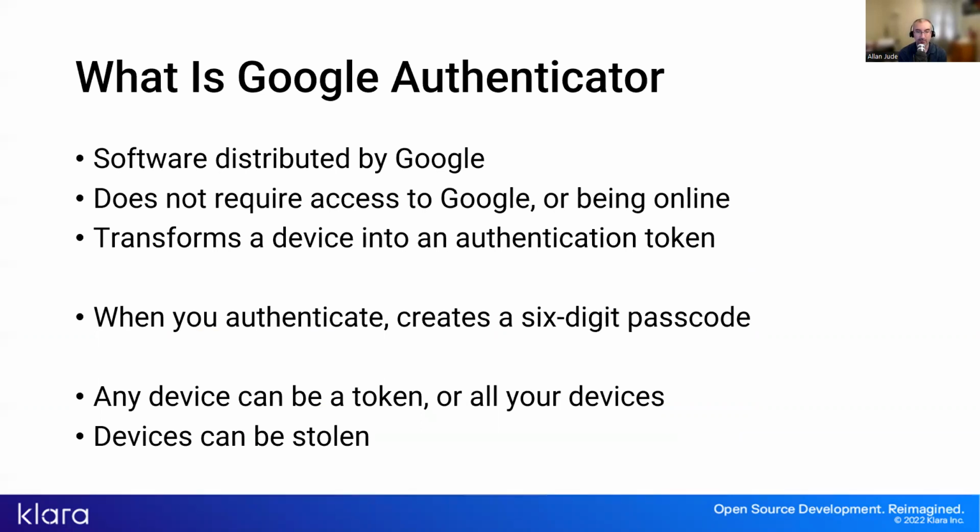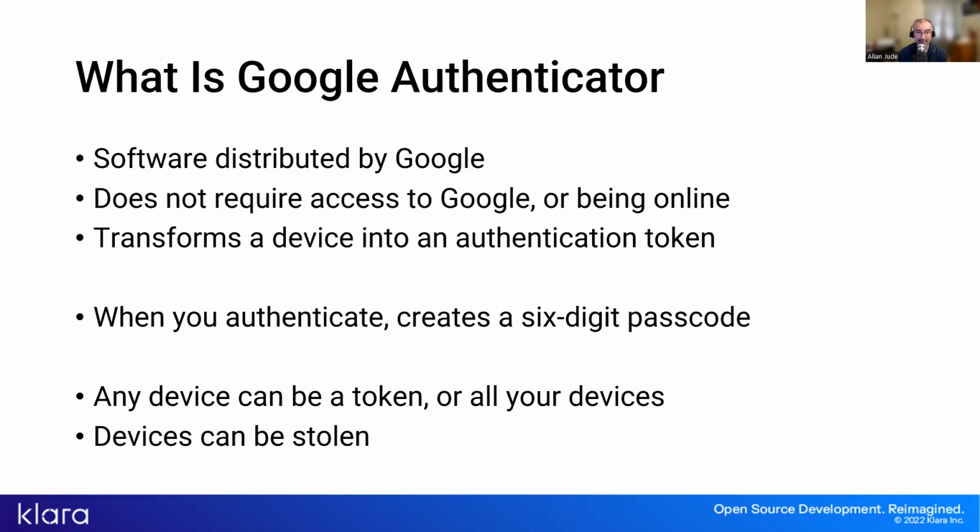So once you authenticate, it will print out a 6-digit passcode, depending on the type you've set up. And that will allow you to use that as the second factor. So after you log in with your username and password or whatever your first factor is, it will prompt you for that second factor. And you have to go to your phone, get the 6-digit code and type it in in order to be able to log in.